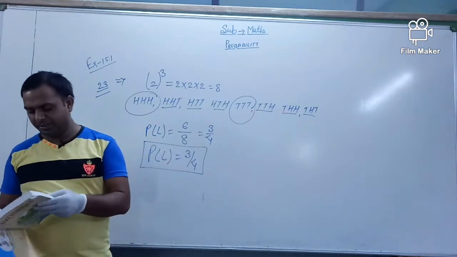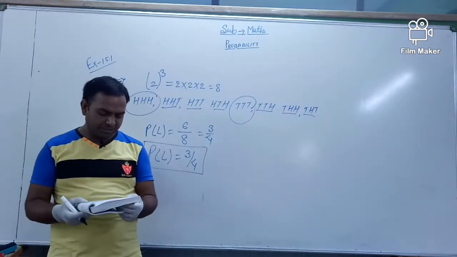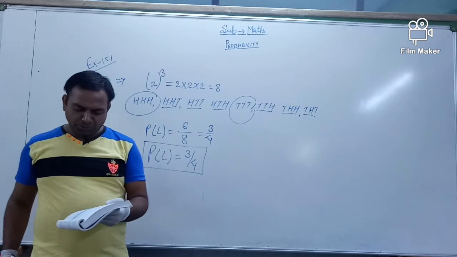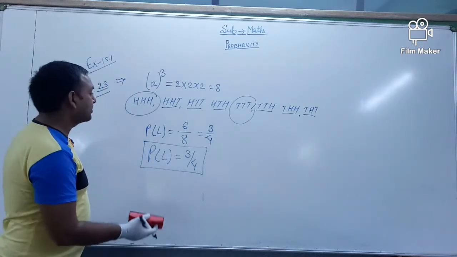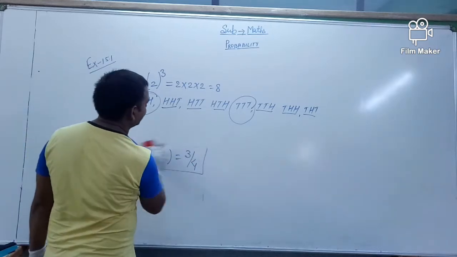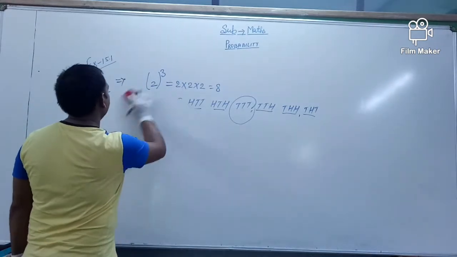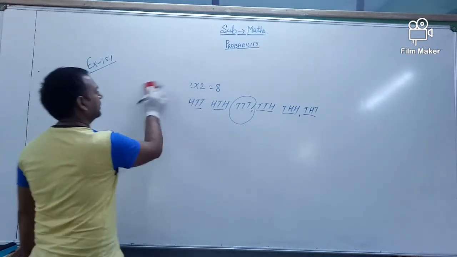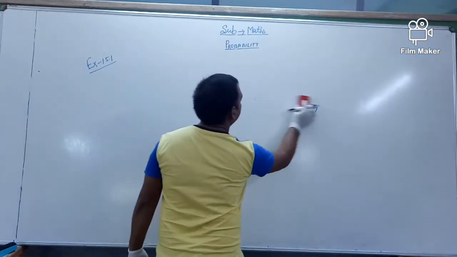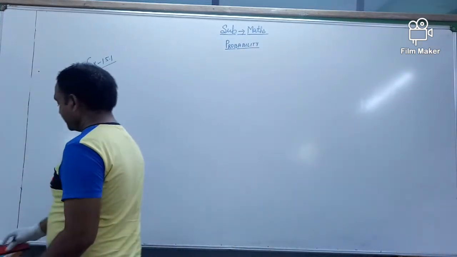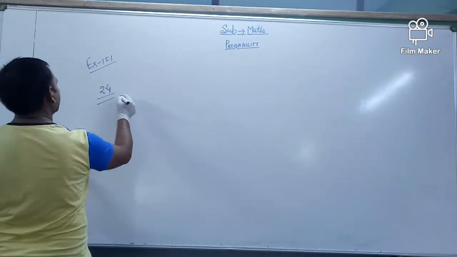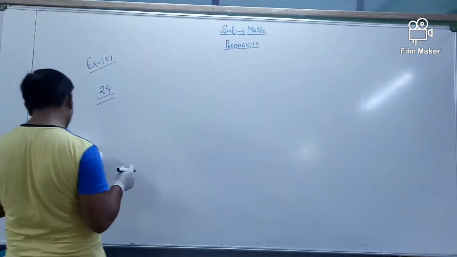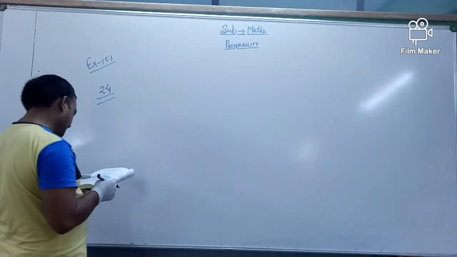The next question. A dice is thrown twice. Suppose that you have a dice and it is thrown twice. This is question number 24. What is the probability?